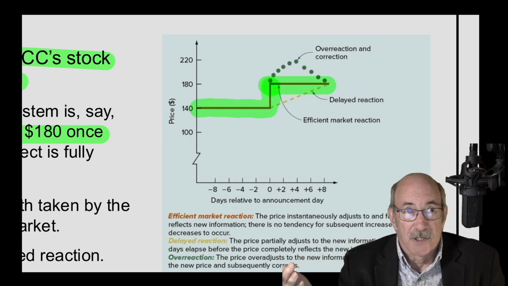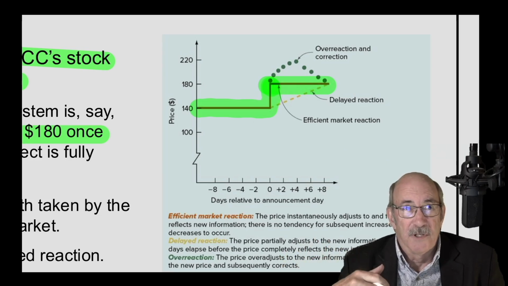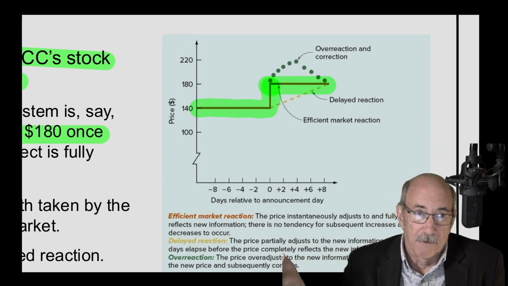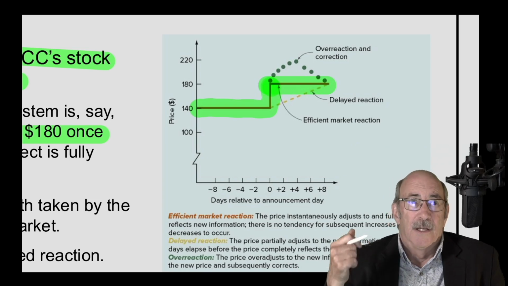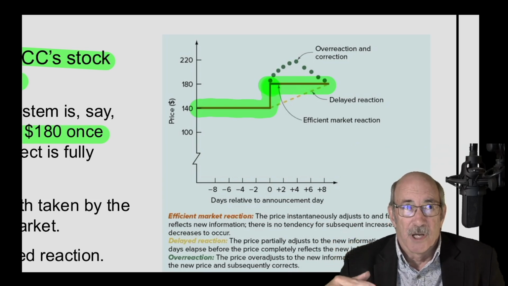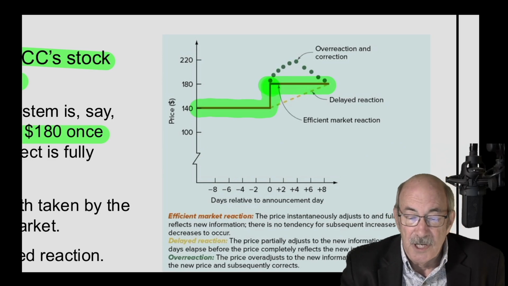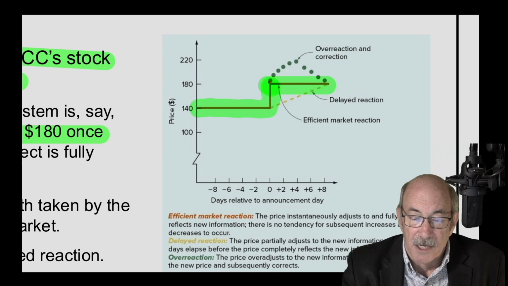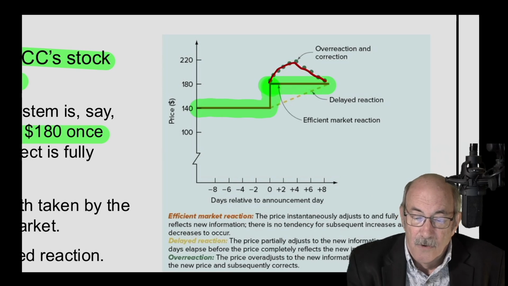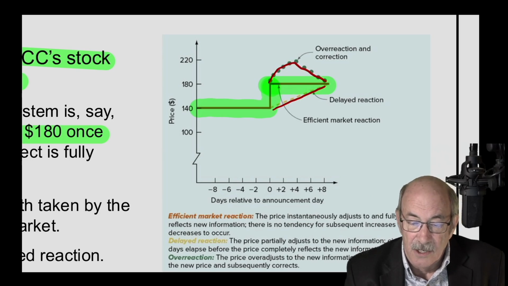I mean, most projects, we don't know for sure that it's going to increase it by $40 per share or $30 per share. So there's always some guessing going on, and what often happens is what we see either by this dotted line right here or by the dashed line here.